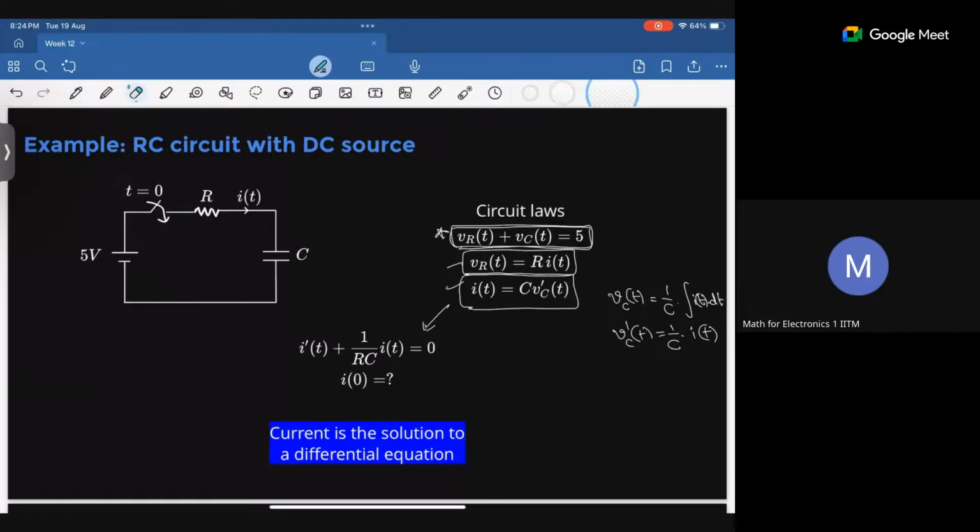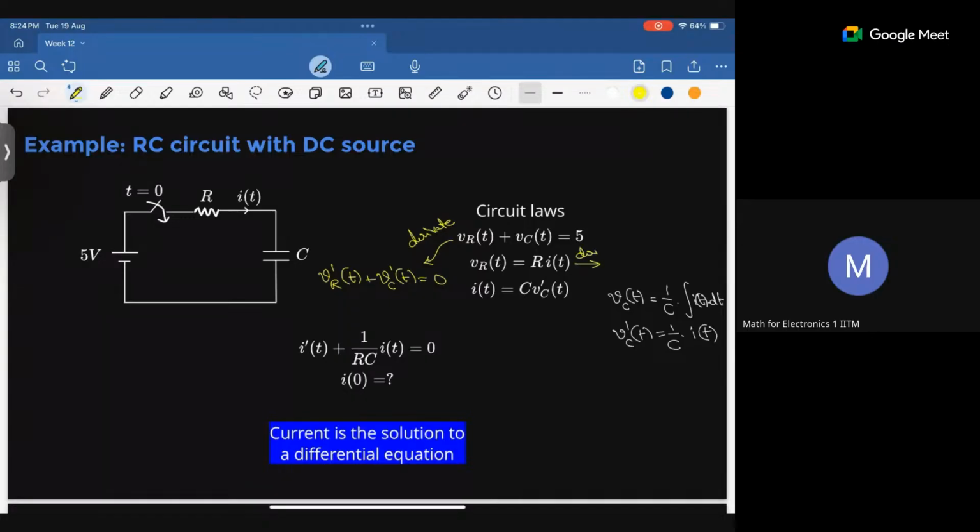So once you differentiate, we'll have VR prime of t plus VC prime of t equals 0. Then we need VR prime of t, and differentiating with respect to t, VR prime of t equals R times I prime of t.